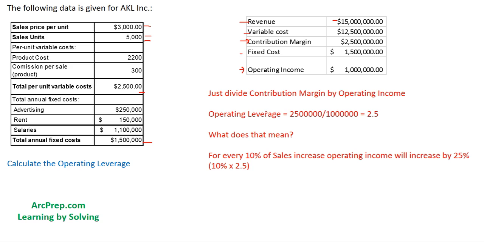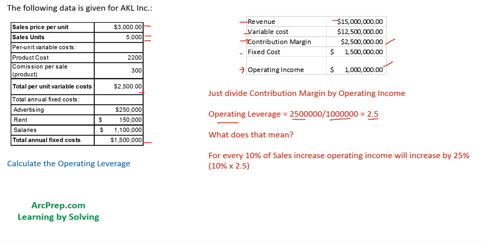Now, operating leverage is nothing but the contribution margin, this guy, divided by operating income, 1 million. 2.5 million divided by 1 million is 2.5. But what does that exactly mean? What is 2.5?